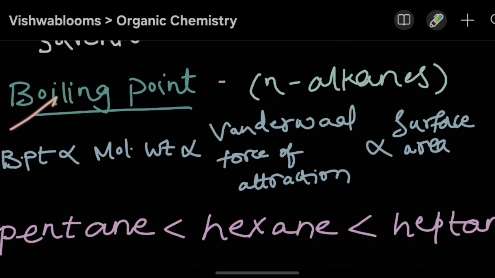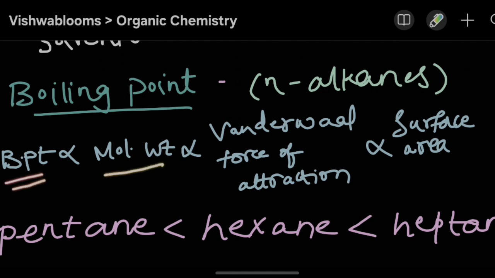Now let us see the next physical property, that is boiling point. First we will discuss it for n-alkanes, that is, straight chains in this way. Suppose ethane, then CH3, CH3. So first we are going to see it for straight chains.